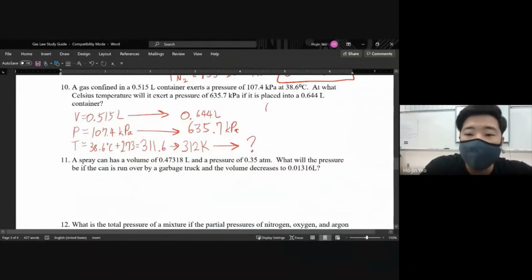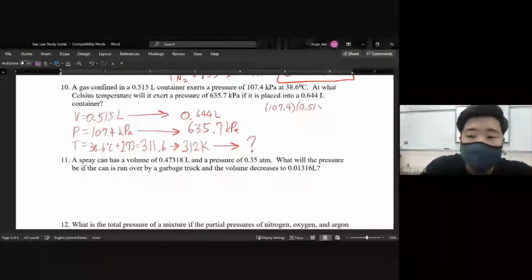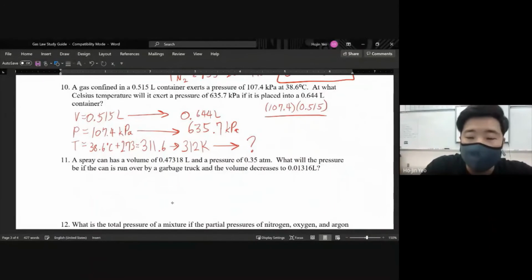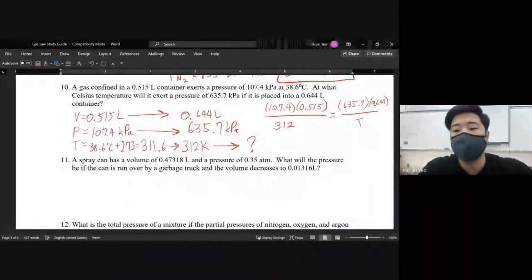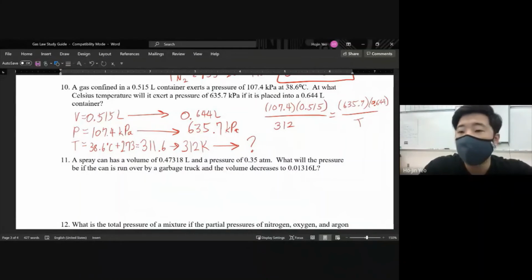So I'm just going to plug it in instead of writing down the original formula, since you guys should be able to understand which equation we'll be using. Also, when you guys are solving this, make sure to check that the units are the same. Okay. So what I'm going to do is cross multiply.